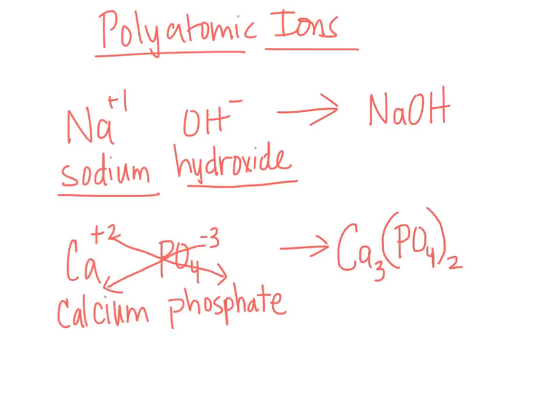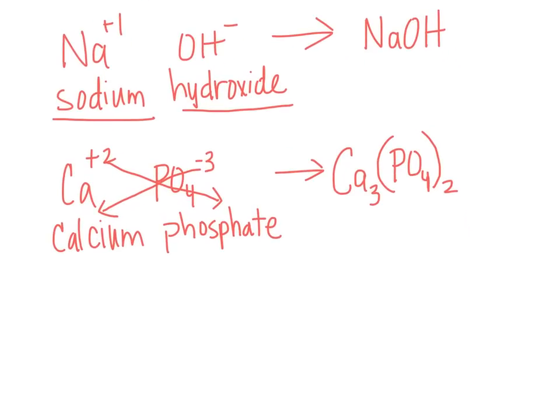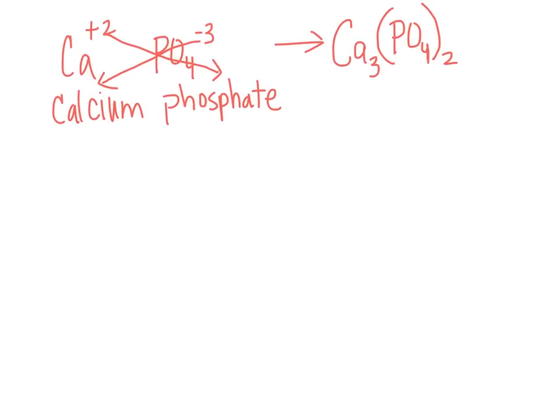Let's do one more example involving a polyatomic ion. This time I'm going to give you the name of the compound, and I want you to write the formula. Let's pick a good one. Let's do lithium sulfate.